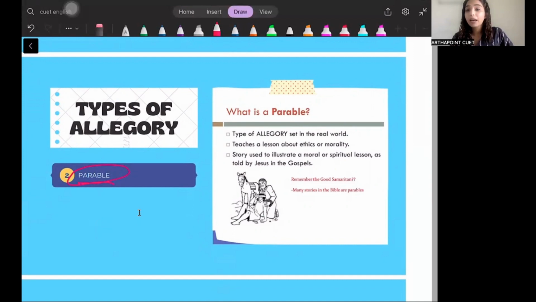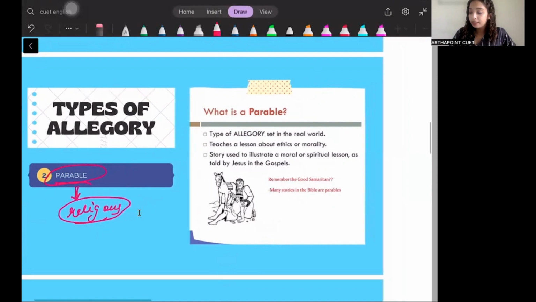For example, in the Bible, we have characters such as the good shepherd and the faithful servant. So humans are used to represent the morals, to represent the message. Now, these messages have layers in them, right? A parable is usually religious in nature, right?